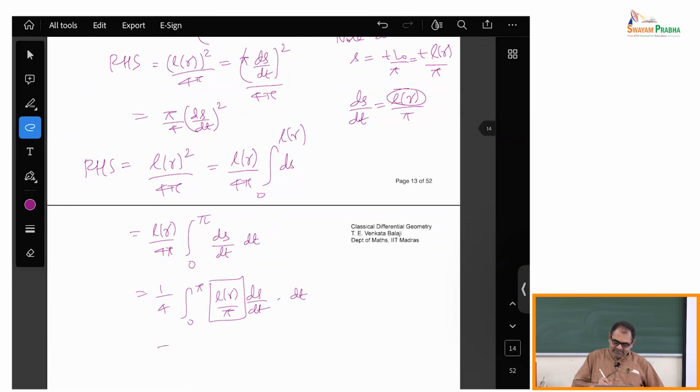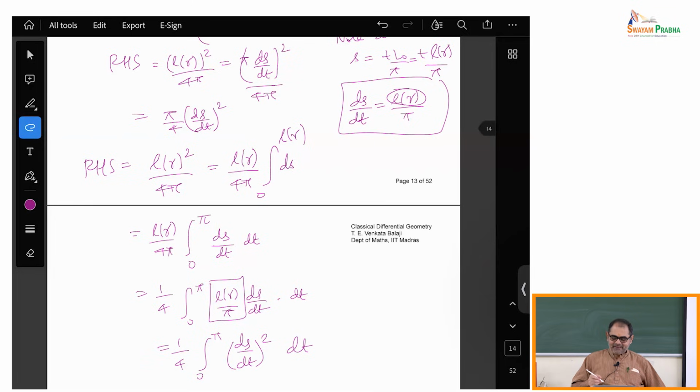So you write it as 1 by 4 integral 0 to pi, and this L gamma by pi, mind you, is ds by dt. So you get ds by dt the whole squared dt. It's rather curious, very sneaky. All this is happening because this ds by dt is a constant.